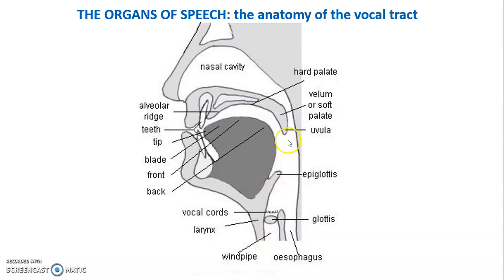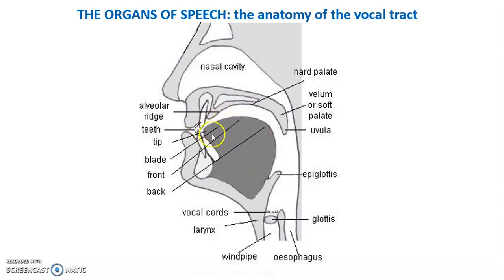So it guides food and drink into the esophagus. Now, the pharynx is a resonator, the mouth is another resonator, and the nose another resonance chamber. Some sounds will resonate in the mouth, in English, and some sounds in the nose.